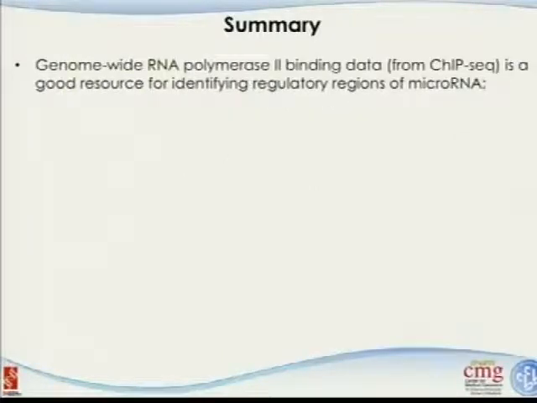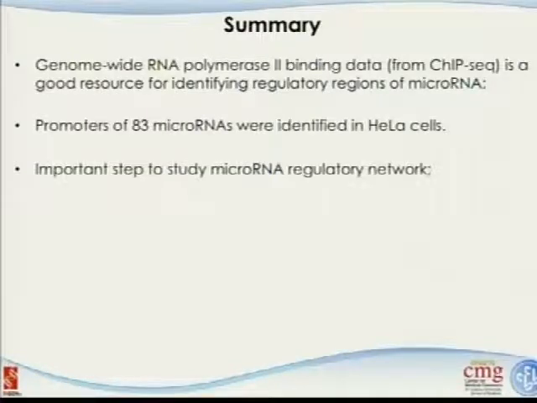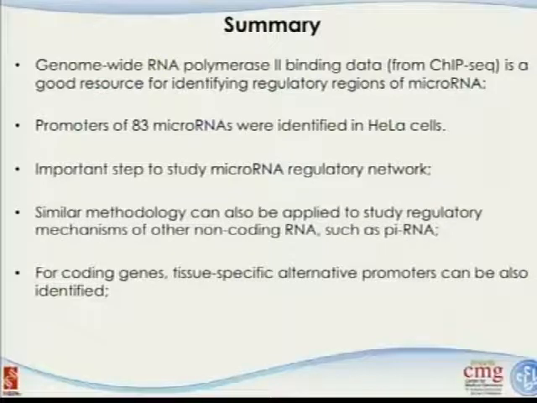So the summary of this part is that the genome-wide RNA polymerase II binding patterns from ChIP-seq is a good resource for identifying regulatory regions for microRNA. And we have seen 83 microRNAs in HeLa cells, and this is good to study the microRNA network.